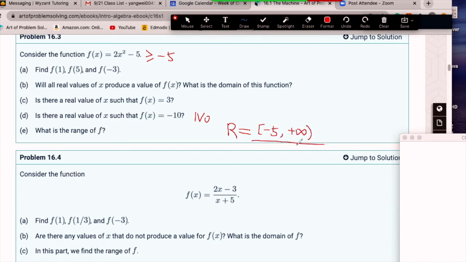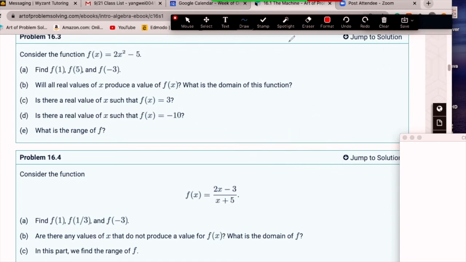You can use this set to represent it. You can also use an inequality to represent it: f(x) is greater than or equal to -5. You should write like this. You can also write like this. Okay?